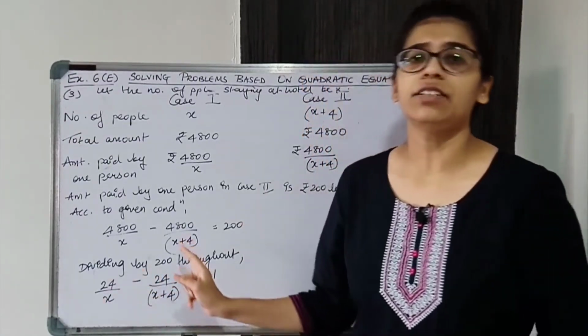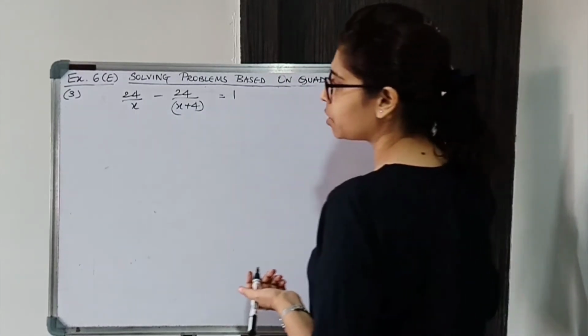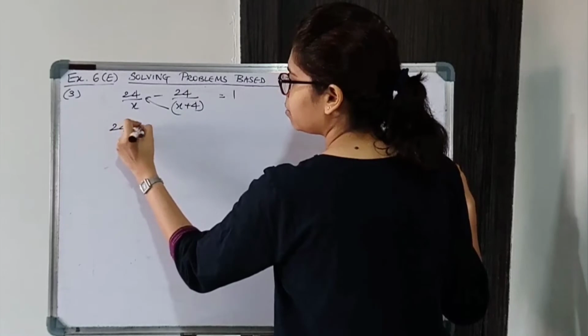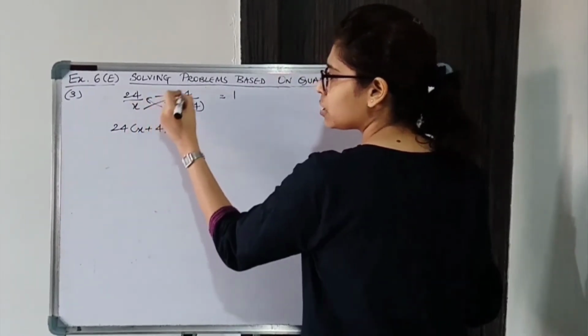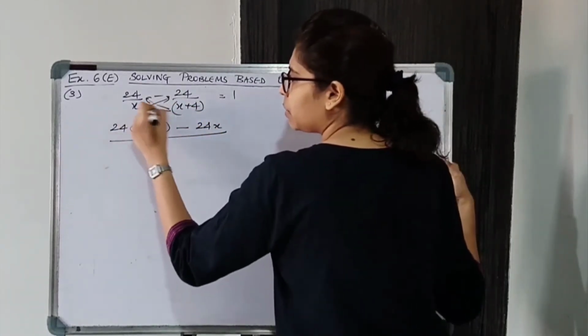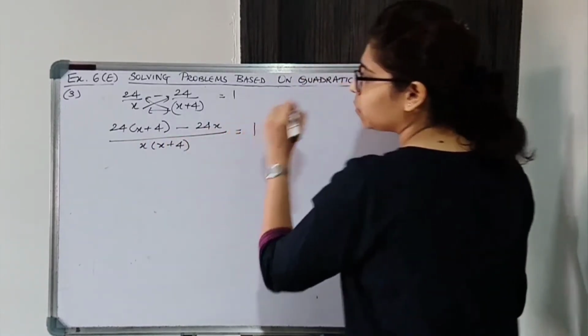Let us solve the LHS now. You can use the LCM method, I'll be using the crisscross method. So criss, that is multiplying numerator with opposite denominator, put the sign in between, cross, so 24 into x, 24x, then multiply the denominators, so x into x plus 4 is equal to 1.